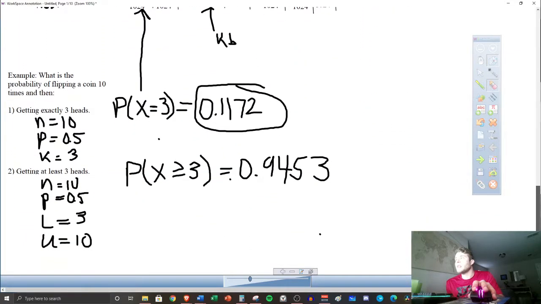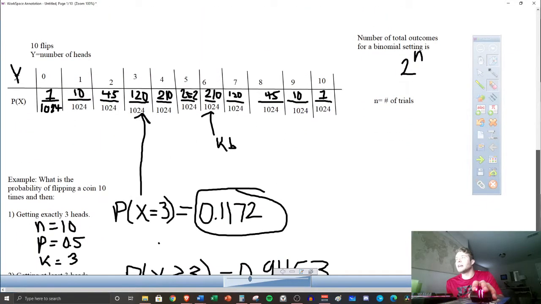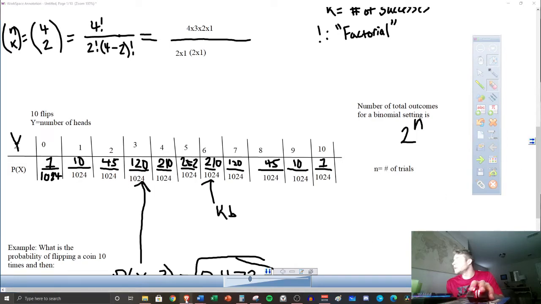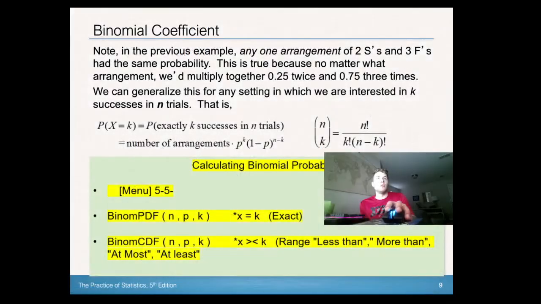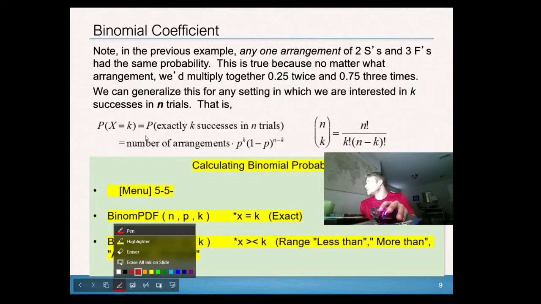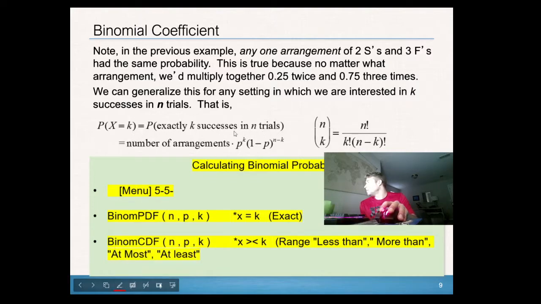Okay? Now, I think I had you guys write down this rule right here. This is what we're going to need. So I need you to find the probability for each of these.